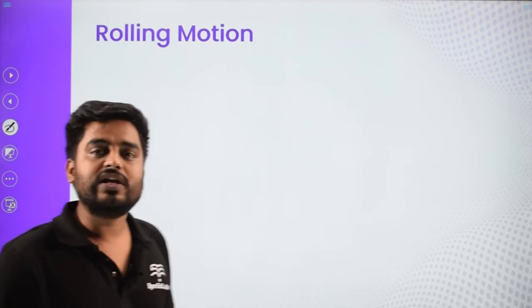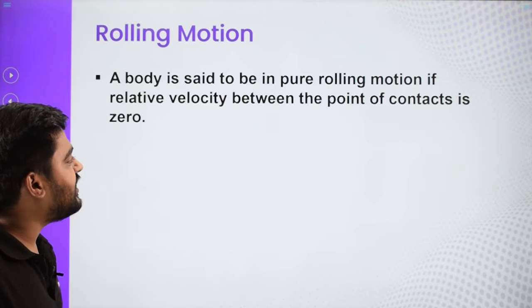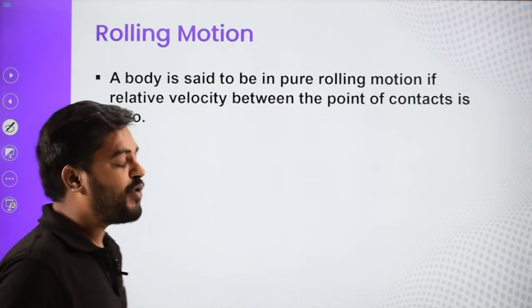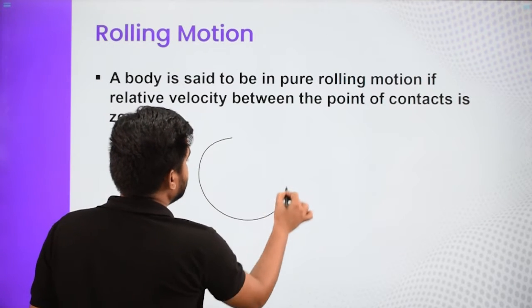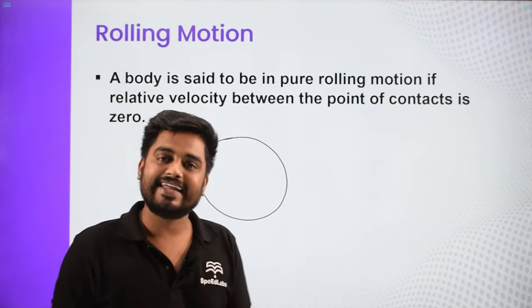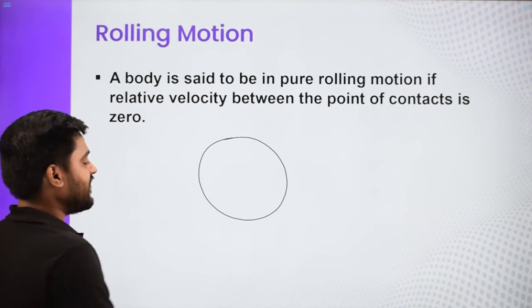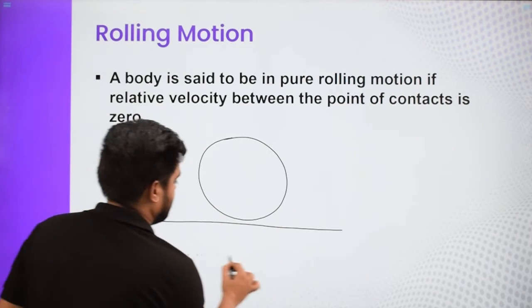Now, if we talk about rolling motion, a body is said to be in pure rolling motion if the relative velocity between the points of contact is 0. Let us say this is a round object. It might be a ring, a cylinder, a solid sphere, a hollow sphere, it can be anything, and this is a surface.